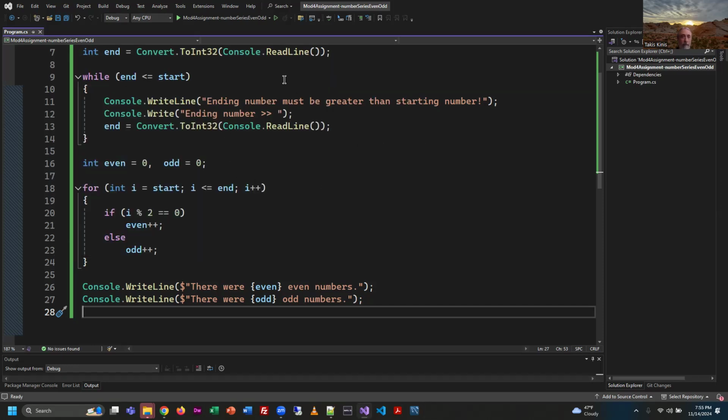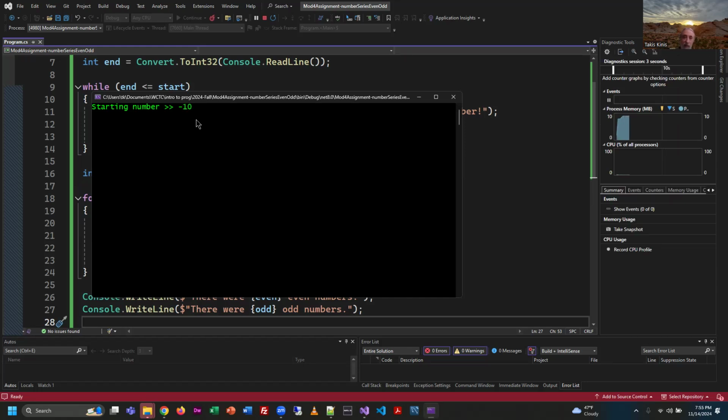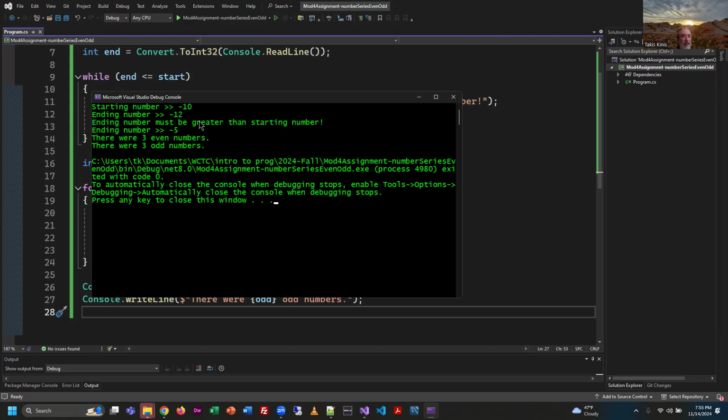Or how about a negative number and a negative number? So I'm just kind of proving that it works in any scenario. So we're good here.